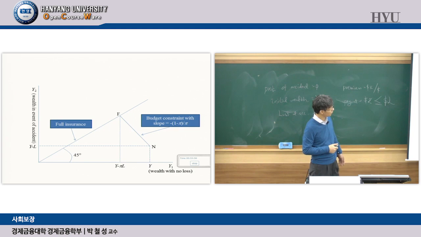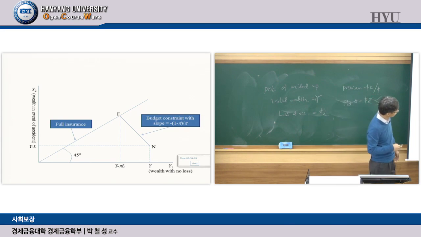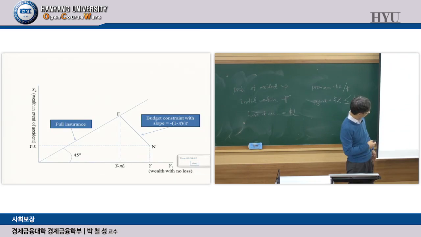And then think of the individual's choice. Now, you have an indifference curve on NF. At the optimal choice, the slope of NF should be equal to the slope of the expected utility.